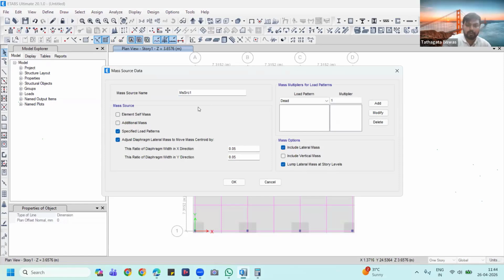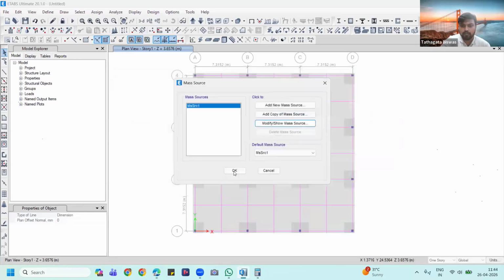Self weight you don't need to calculate. This element self mass, you can uncheck. And you can take the eccentricity from here and specify to the load patterns how much mass you should consider. So dead load is 100%, live load is 25%.